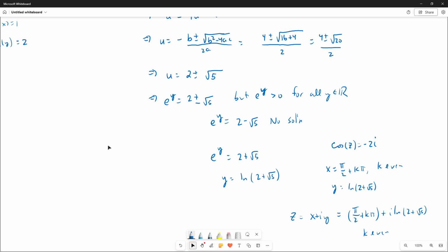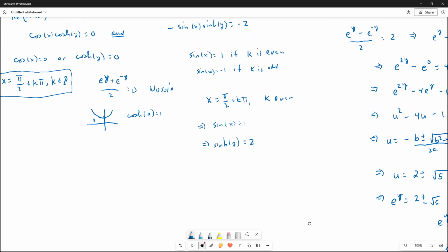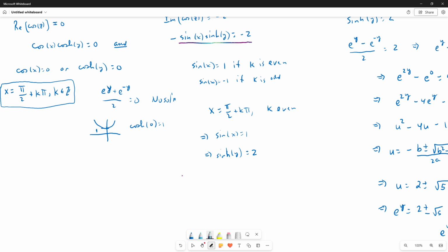Now we still have the other consideration. Let's go back to that. We had sine of x, and we were looking at this equation here, negative sine x times hyperbolic sine y equals negative 2.